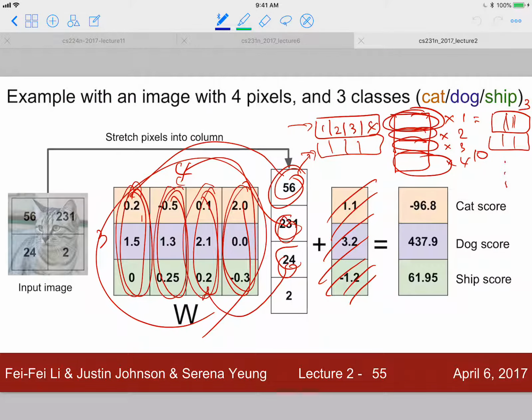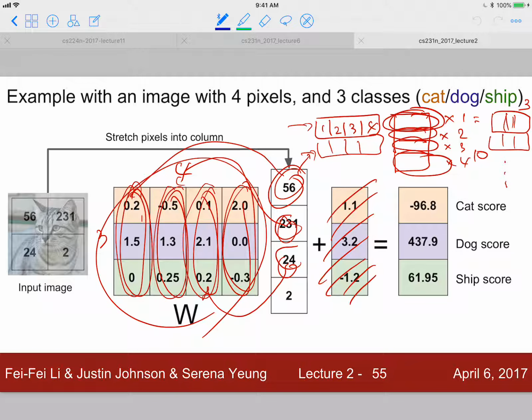Suppose we are given 4 different pixels composing our image, and suppose we think of just a single-layer softmax, a multi-class classification. We perform this linear transformation so that we can generate a 3-dimensional vector and then perform the softmax on that.